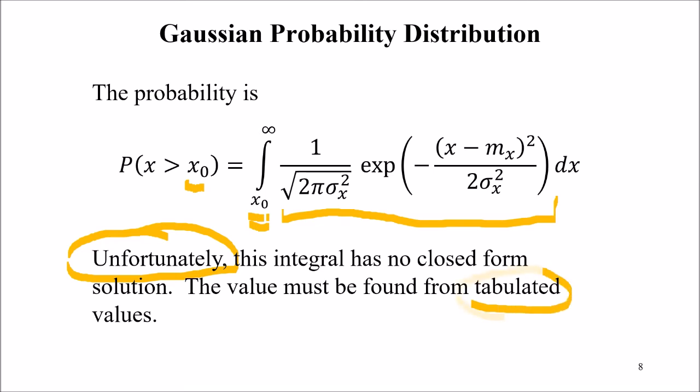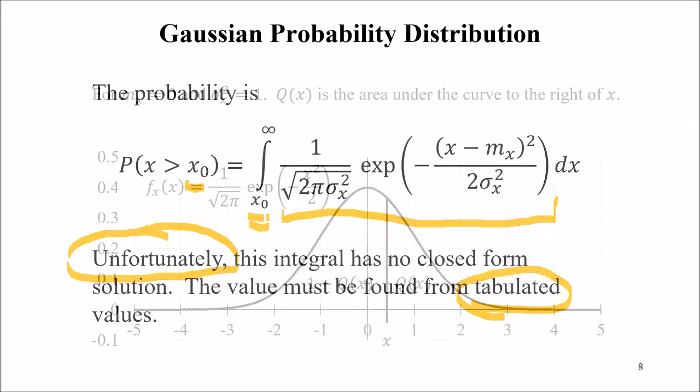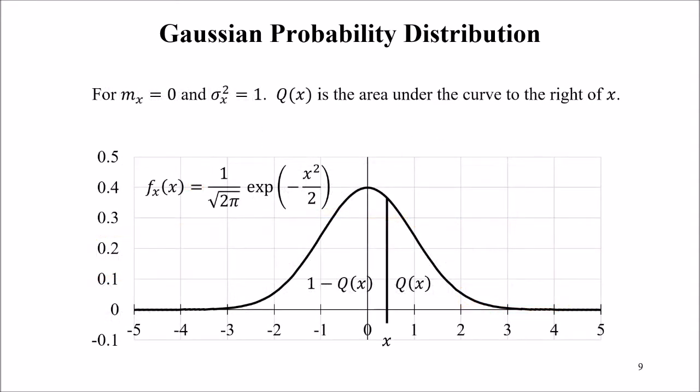That's what it means by tabulated. This integral has been numerically evaluated and the results have been tabulated for us. The area underneath the Gaussian distribution is presented to us in the form of a table that I will show soon, but the function is described as q of x.